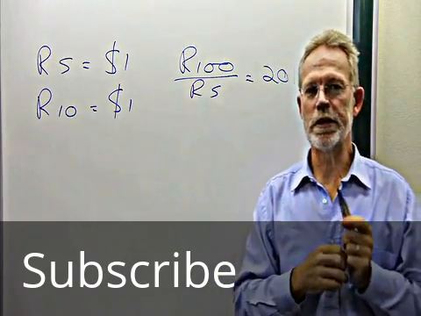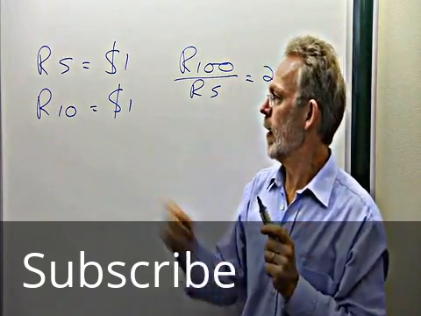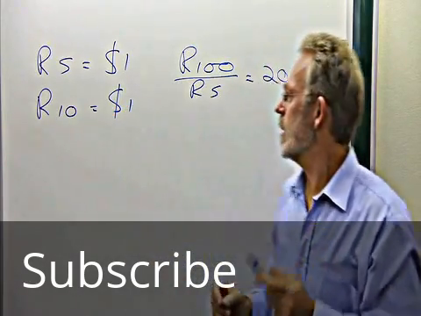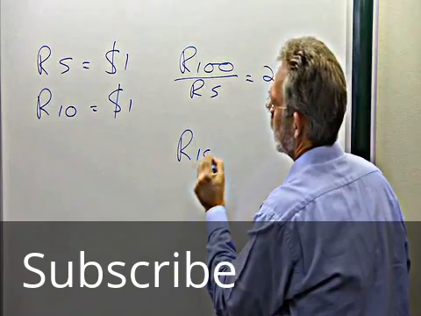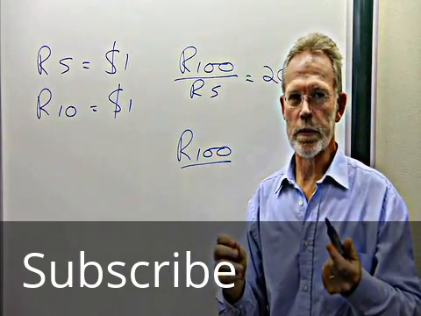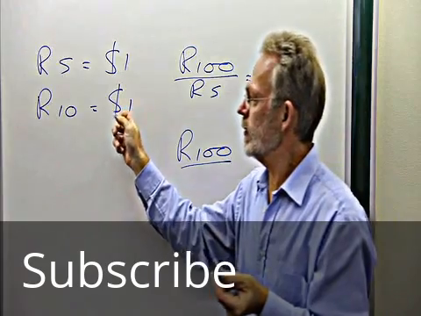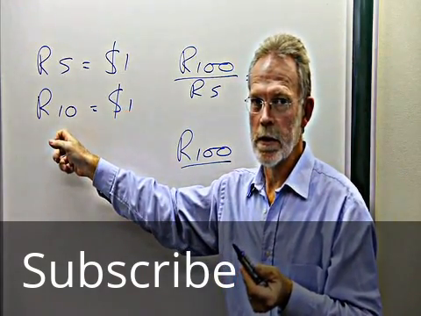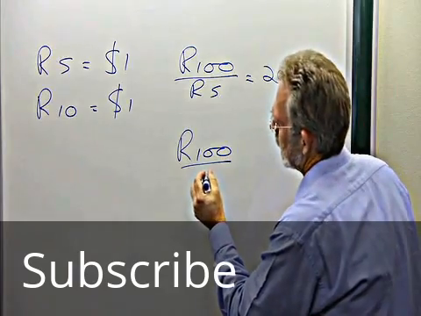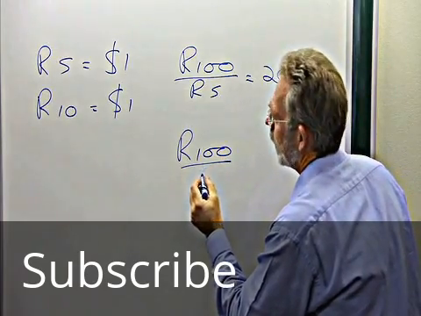Now there's a depreciation of the rand. Now for every dollar that you take out, you get 10 rand. So this case of wine costing 100 rand, how many dollars will it cost you? Well, for every dollar you take out, you get 10 rand. So it's 100 divided by 10.